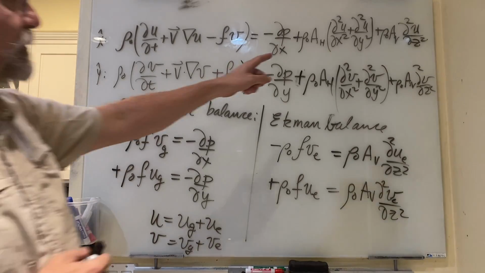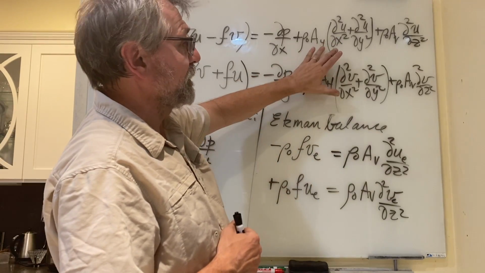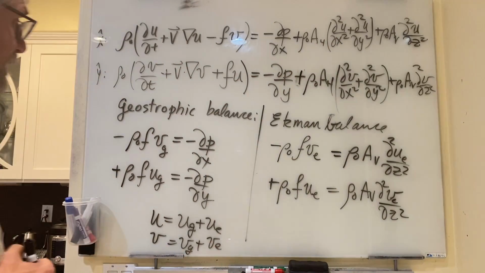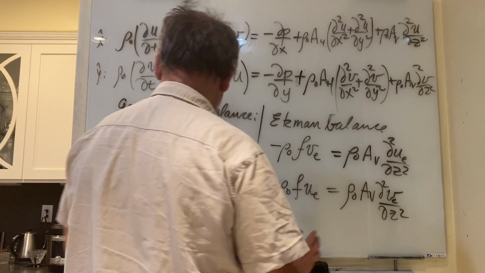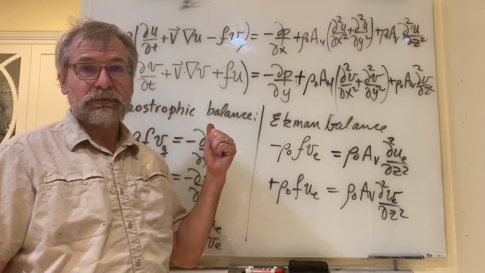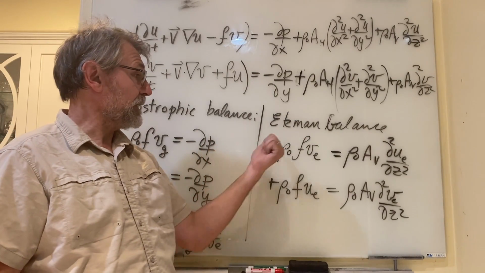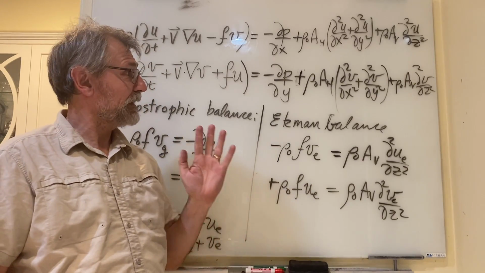Okay, we'll bring back these terms later when we think about the gyre, when we get to the western boundary current. These terms will become important again. But for now, we can neglect those. All right, so we have these two types of balance, the Ekman balance and the geostrophic balance. And in the next video, we're going to look at the Ekman balance. We're going to study that a bit more. All right, so that's all I have for now.